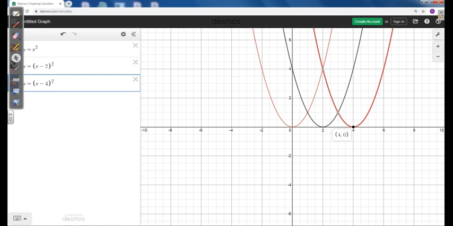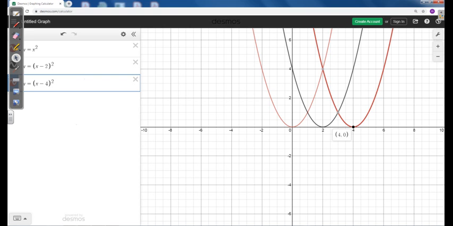All right. Now, the next is going to be (x plus 1) squared. Since it's x plus 1 squared, which way do you think it's going to move? To the left. I'm going to remind you that my equation is (x minus h) squared.